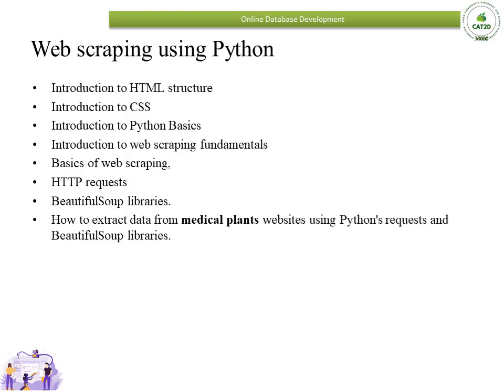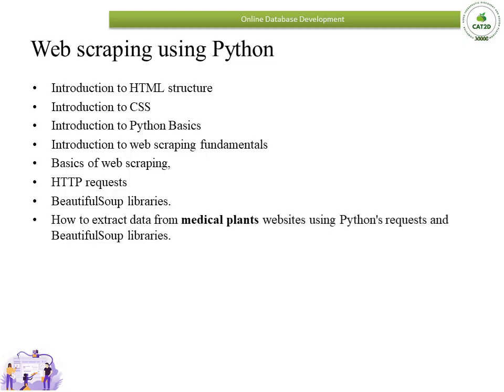Web scraping can gather vast amounts of data on medicinal plants from various sources, including scientific databases, research papers, and online encyclopedias. This aggregated data provides a comprehensive overview of plants with potential medicinal properties.